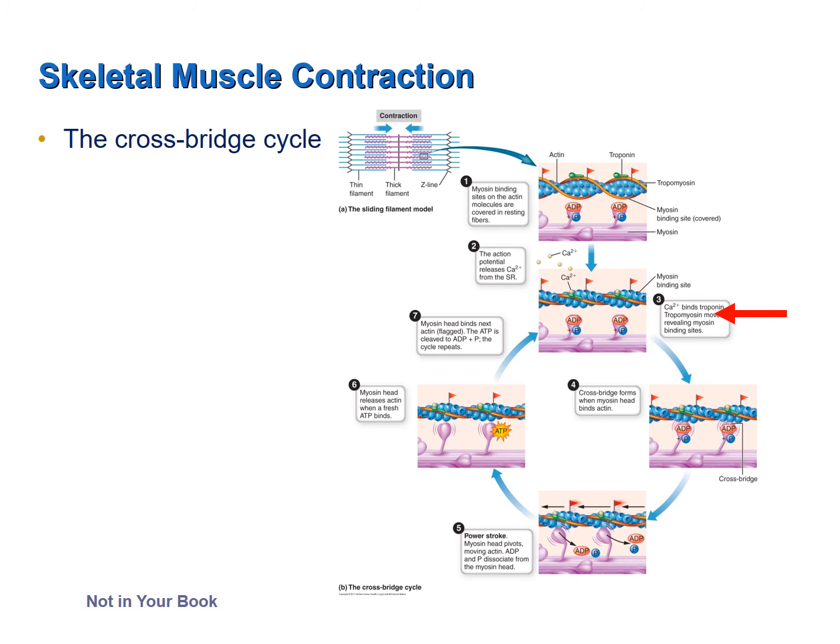As soon as the motor neuron ceases to release neurotransmitter, most of the calcium will move back into the sarcoplasmic reticulum, and now the troponin moves back to its original position, blocking the myosin binding site, and therefore muscle relaxation occurs.